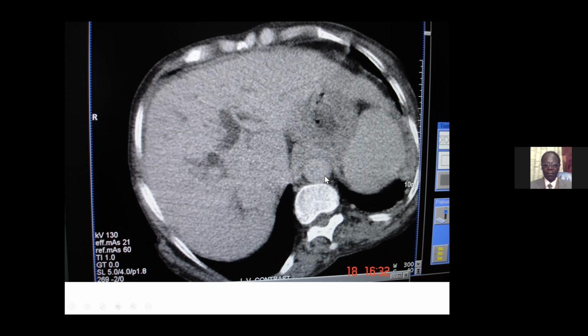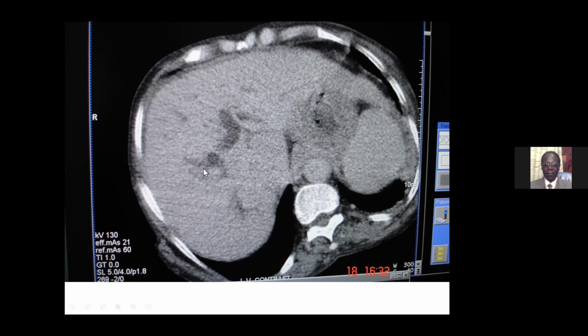This is the abdominal aorta. These are crura of the diaphragm, right crura, left crura. The patient is uncomfortable. That's why the patient is not lying flat, supine.